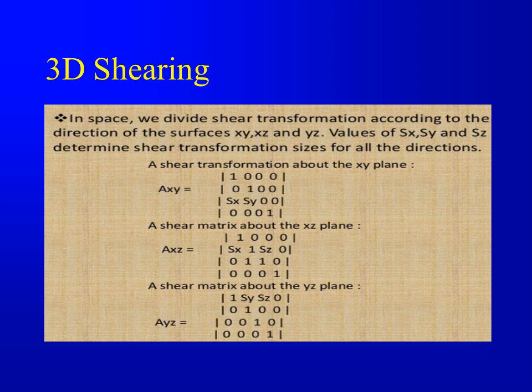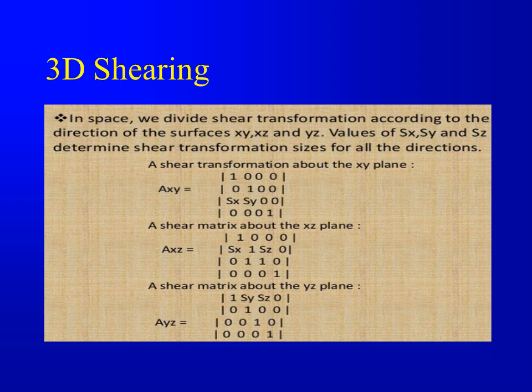Okay, so first we see the sharing transformation about the xy plane. So for xy coordinates we get the matrix 1 0 0 0, 0 1 0 0, sx sy 0 0 and 0 0 0 1.